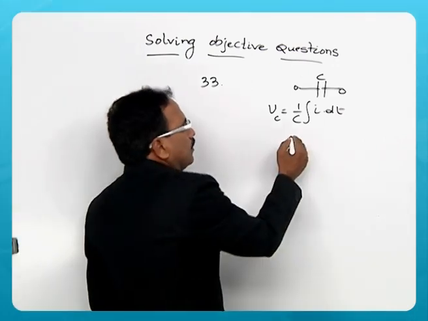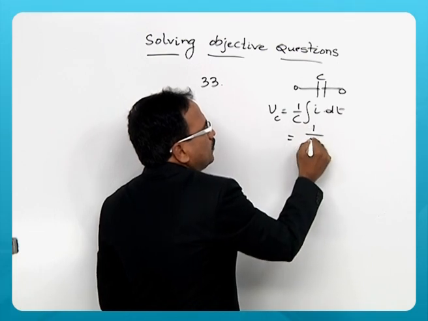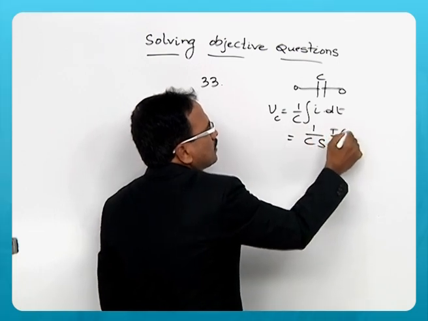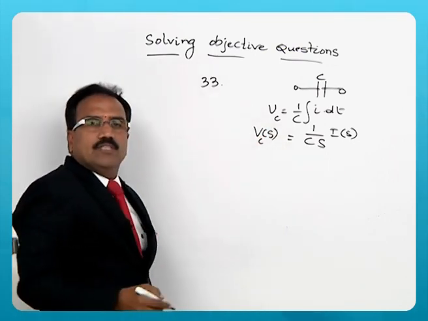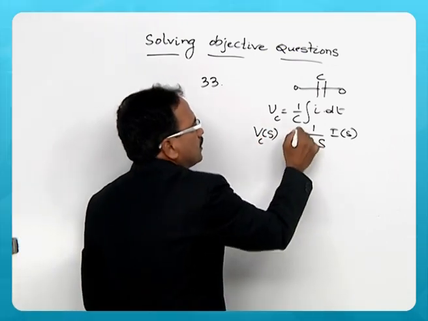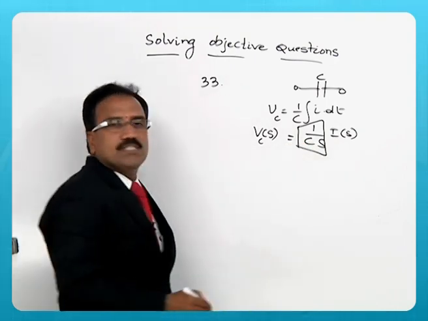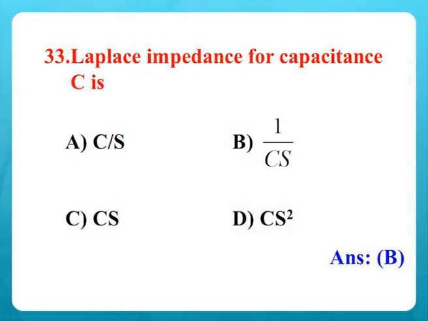So when you apply Laplace transform to this it becomes 1 by Cs into I of S. So the Laplace impedance for capacitance is this, 1 by Cs. So option B is the right answer. Laplace impedance for capacitance is 1 by Cs.